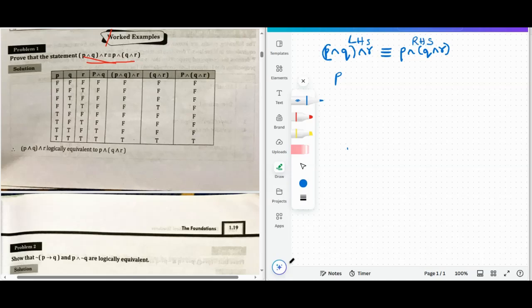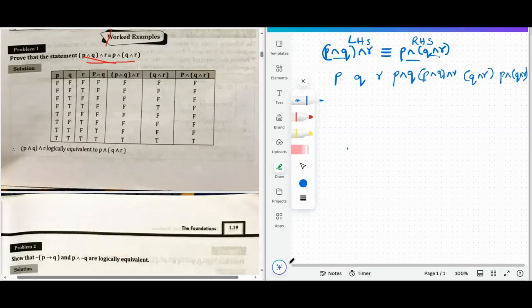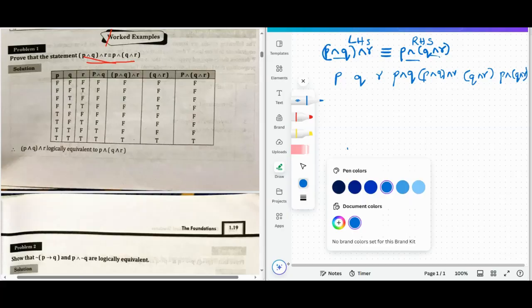To prove this, we'll take P, Q, R, then the first bracket P and Q, then overall (P and Q) and R. Then on the second side, we'll take the bracket Q and R, then all together P and (Q and R).